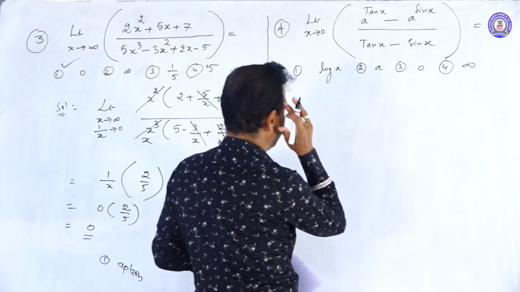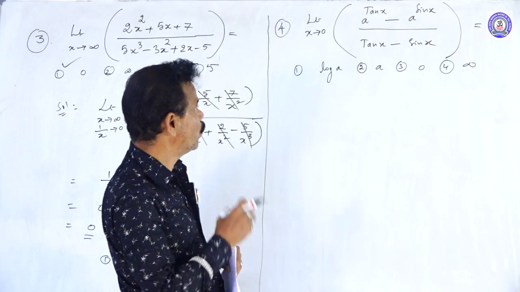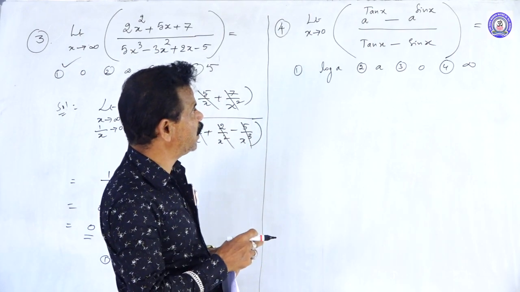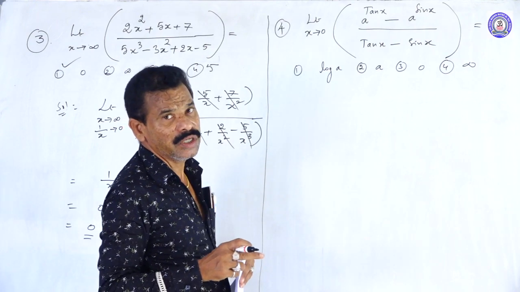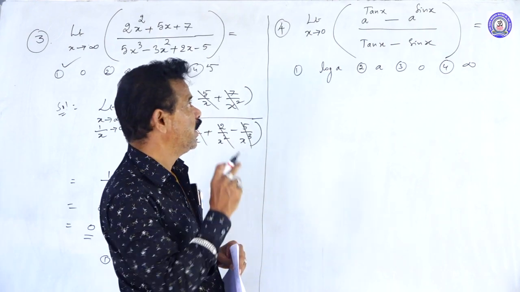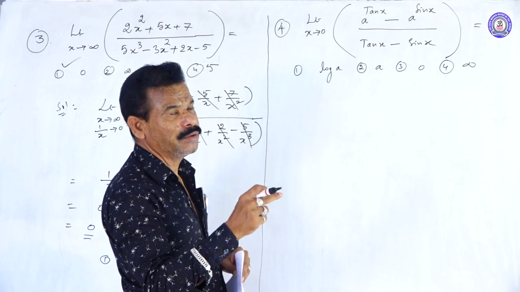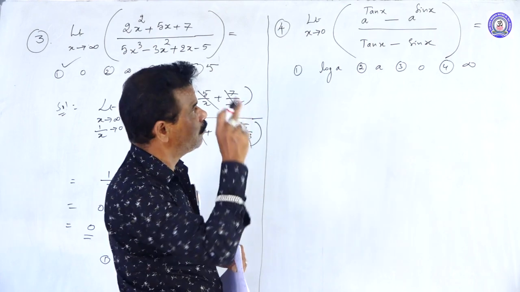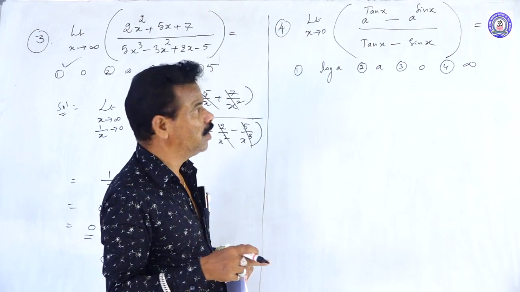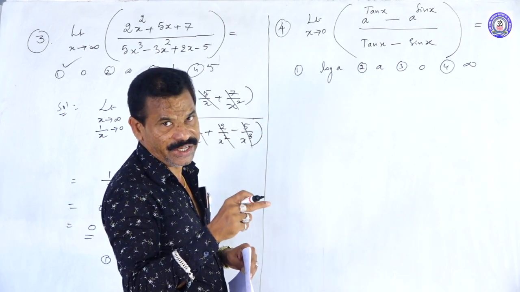Here, not infinity, the fourth problem, x tends to 0. There is a power of tan x and a power of sin x. Thinking about the numerator, for a power tan x, if there is minus 1 by tan x, that gives log a. Similarly for a power of sin x, we need minus 1 and sin x in the denominator.